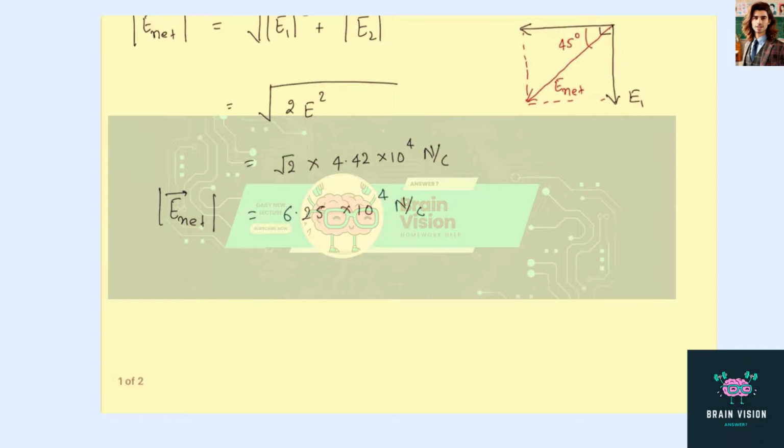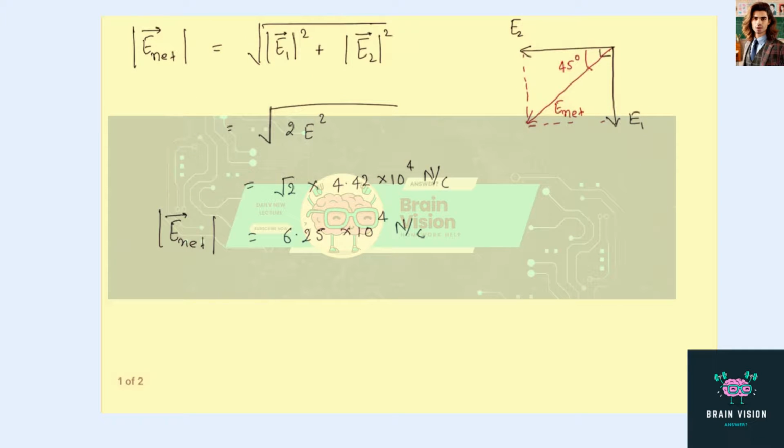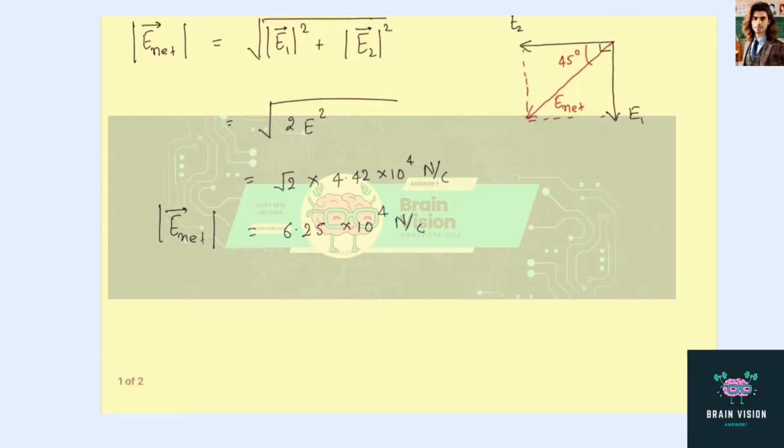Now what will be the direction? So clearly we have just observed here that the net electric field will be directed in the downward direction at an angle of 45 degree with the horizontal. So what we can write here is that net electric field will be 6.25 into 10 raised to the power 4 Newton per coulomb.